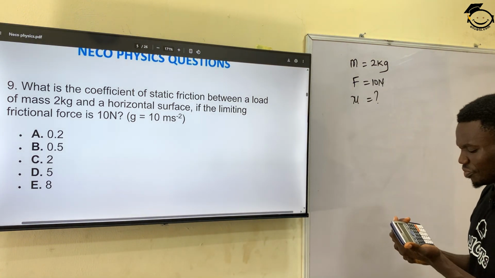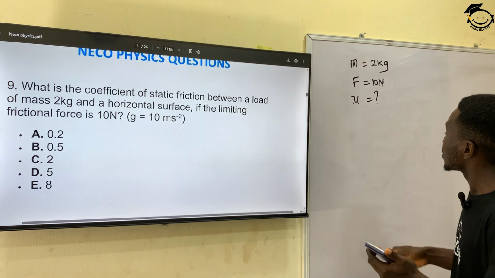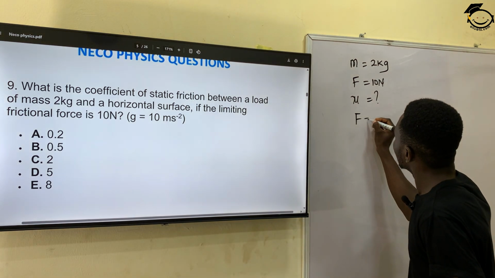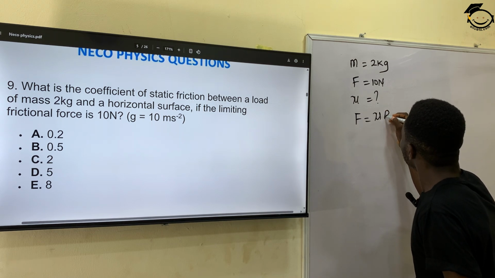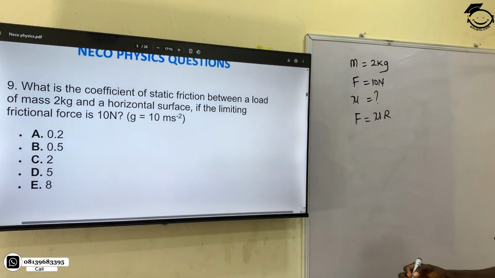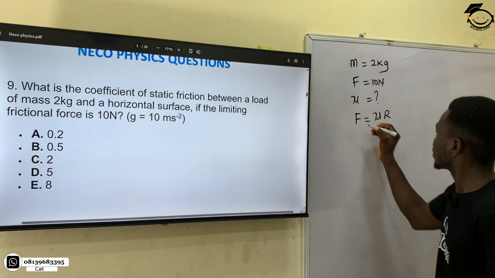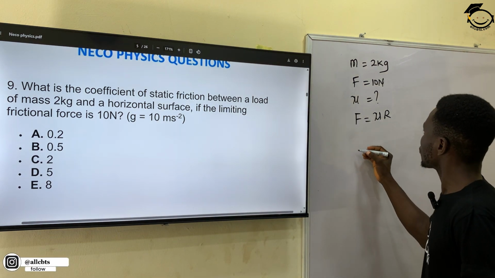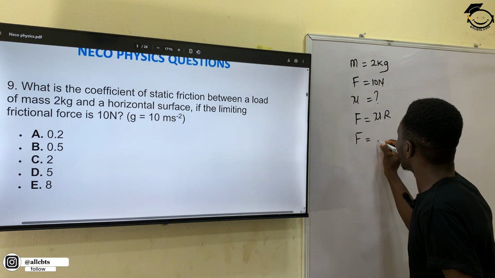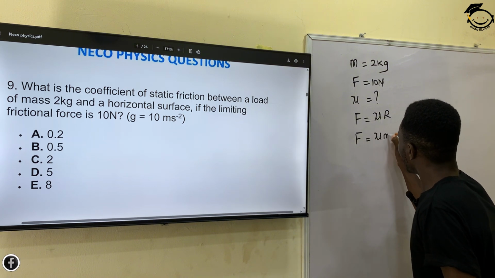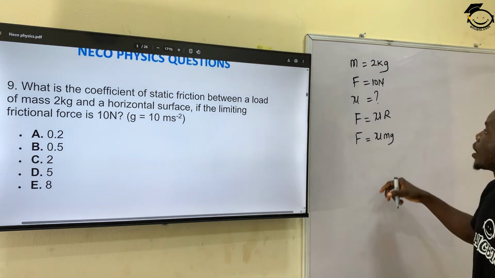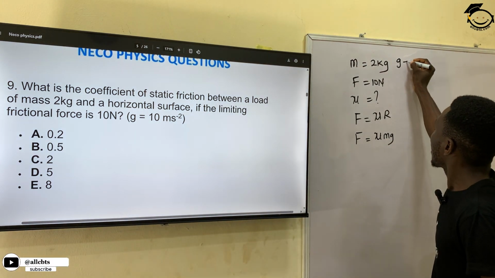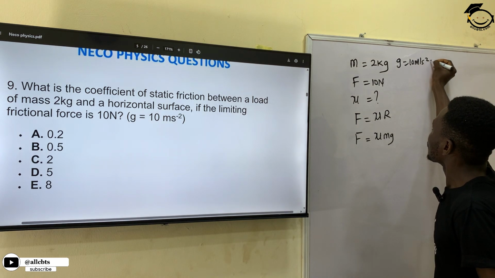And we've established before now that our frictional force is the coefficient of friction times the normal reaction. And that simply means that my frictional force is equal to mu mg, because our normal reaction is mg, and they gave us g in this question as 10 meters per second squared.